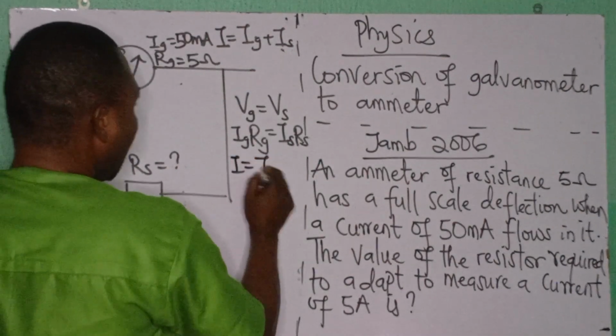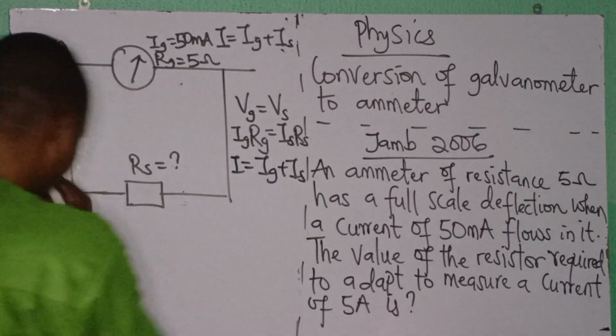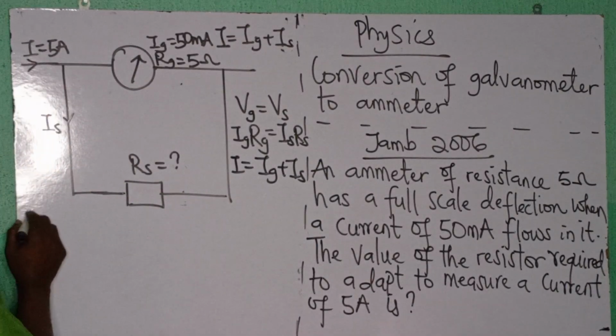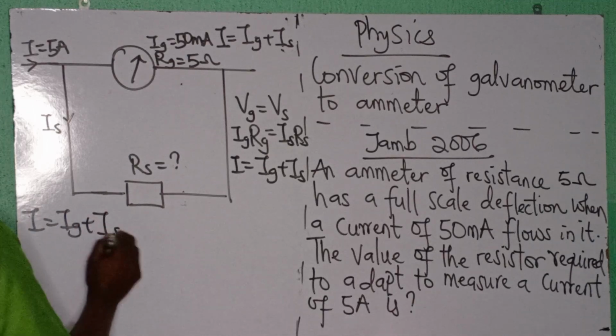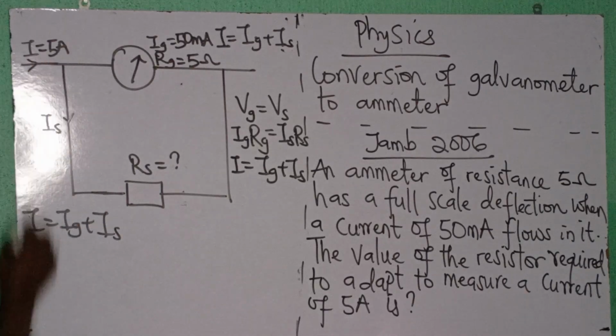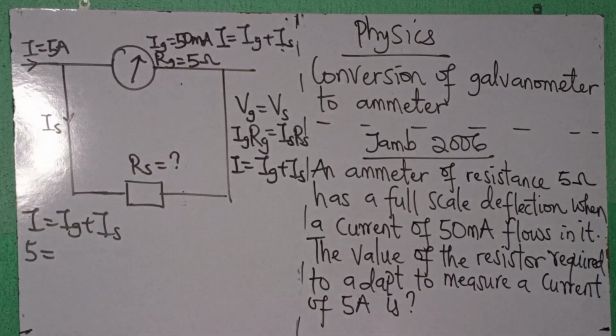I equals IG plus IS. So let's take it from here. My I here is 5, and my IG here is 50 milliampere.